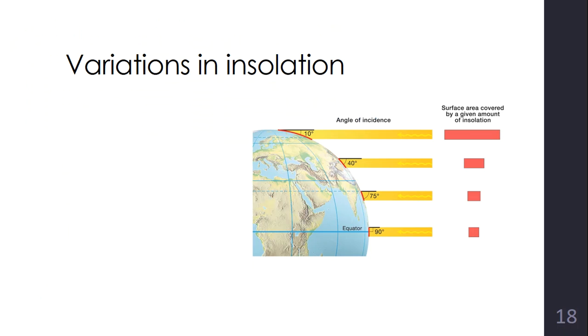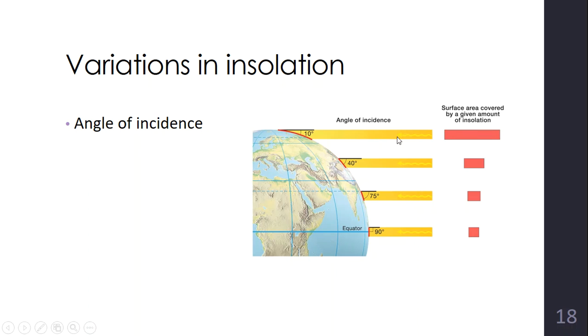We have variations in insolation depending on the angle of incidence. We talked about this with the angle of the sun in the sky previously, but the angle of incidence at the equator right here is 90 degrees. The angle of incidence at the poles right here is 10 degrees.